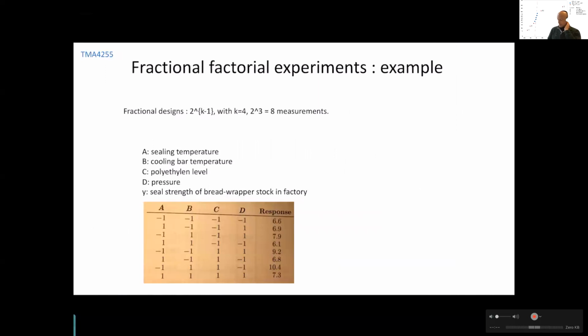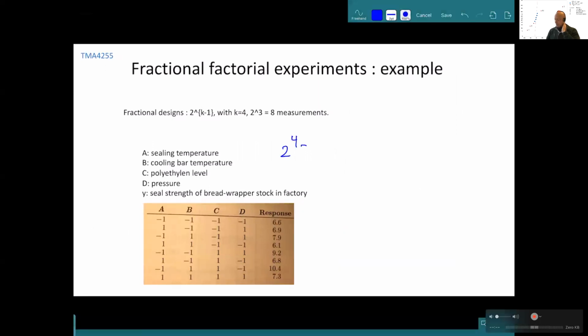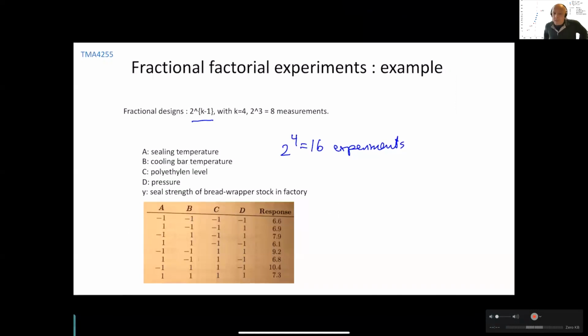Here's a factor 4 experiment. So in real life, you should do 2 to the power of 4, which is 16 experiments. But we only do a fraction. We only do 8. So this is a 2 to the power k minus 1 experiment. But we can still estimate effects. We just didn't have time to do all runs. So we do some of them and make the best out of it.